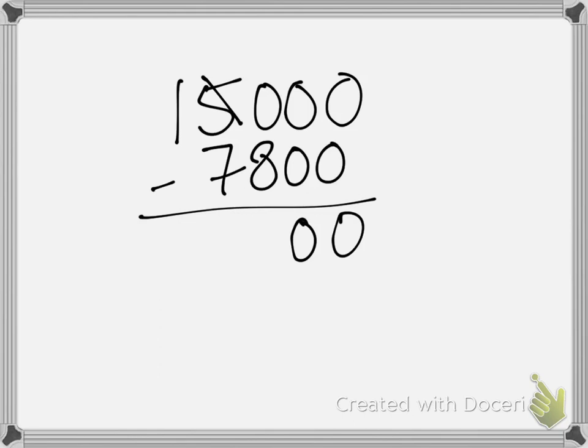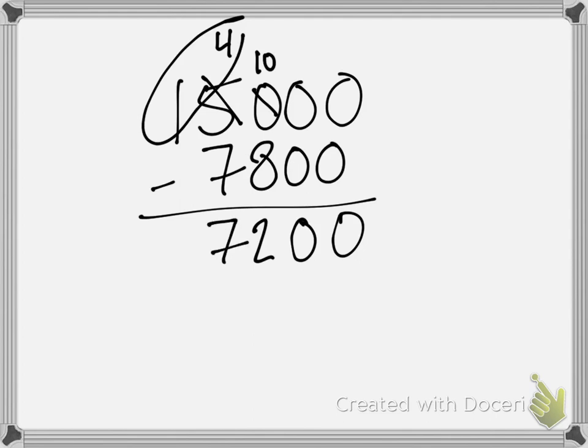Ben: 4. And this becomes a 10. 10 minus 8 is 2. 4 minus 7. Can we do that? No, but we're just going to look at it as this 14. What's 14 minus 7? 7. So our answer is 7,200. Great job.